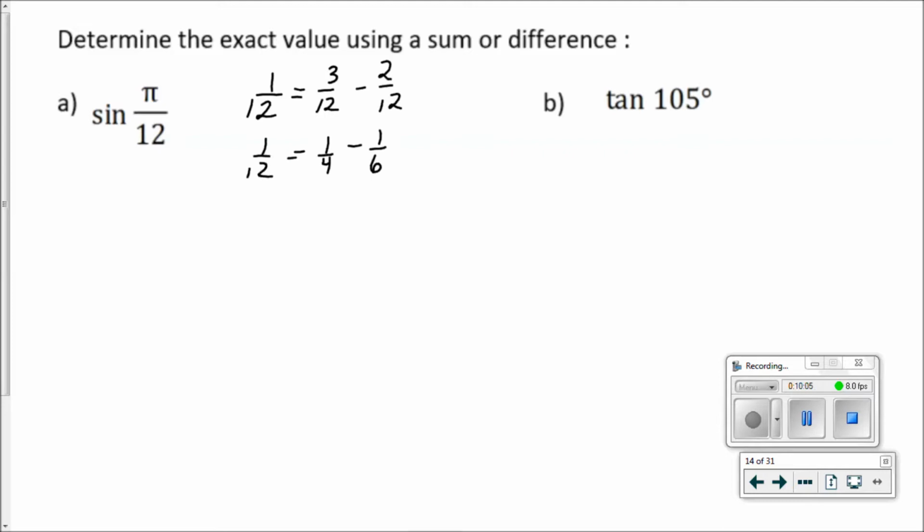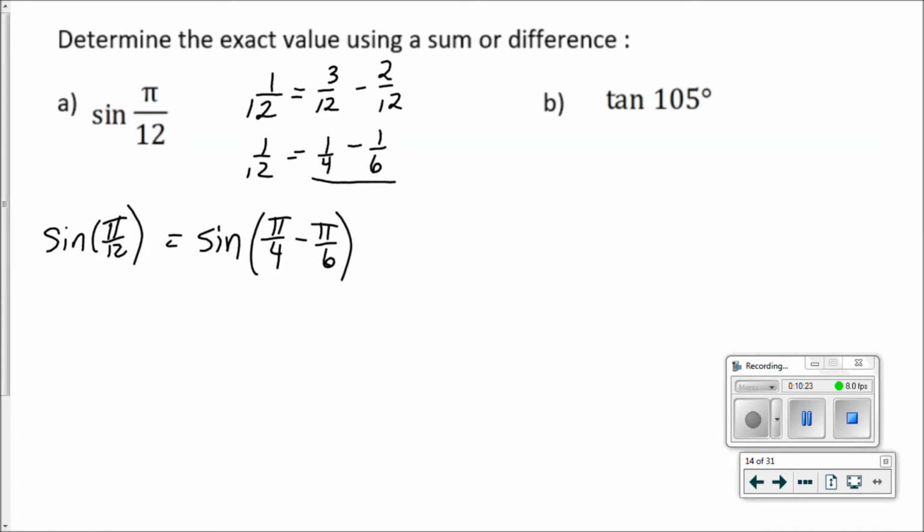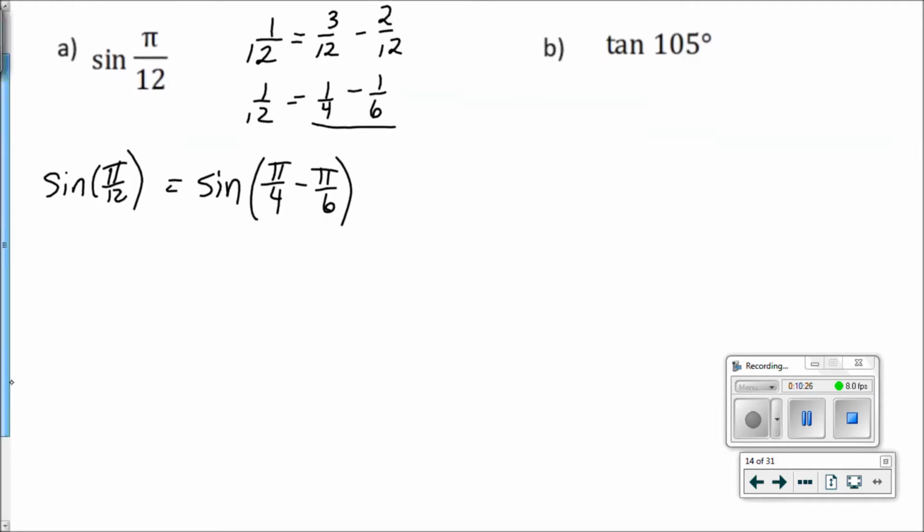So to represent the sine of pi over 12, I'm going to call that the same as the sine of pi over 4 minus pi over 6. And the reason why I'm picking 4 and 6 is because these are values that I know from the unit circle.